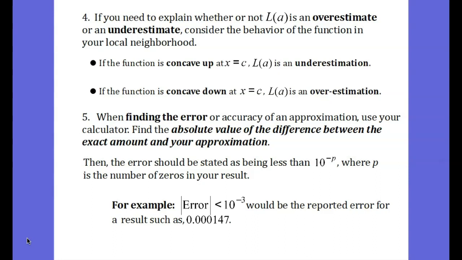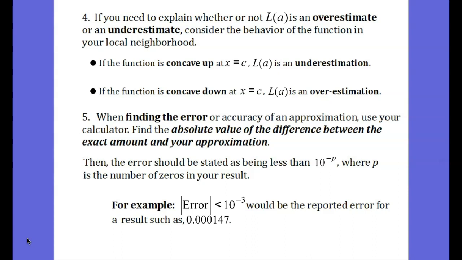Step 5, when finding the error or accuracy of an approximation, we'll do this using our calculator. Find the absolute value of the difference between the exact amount and your approximation. Then the error should be stated as being less than 10 to the negative p, where p is the number of zeros in your result.